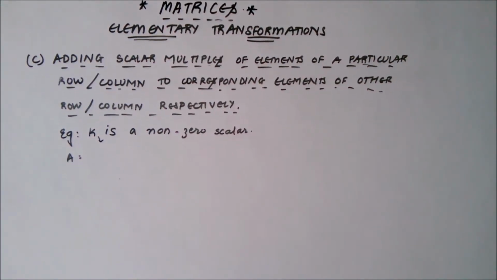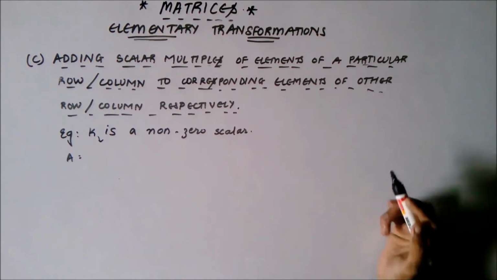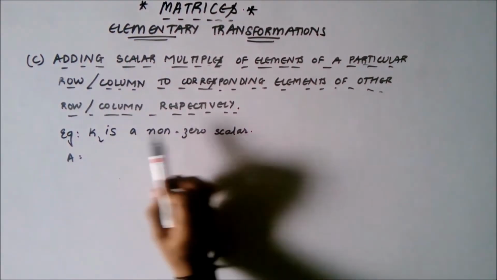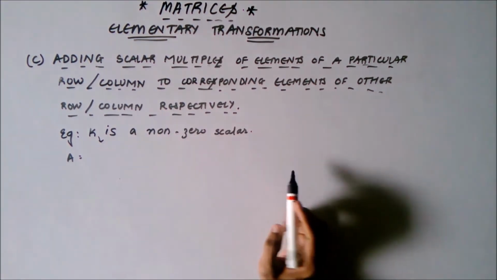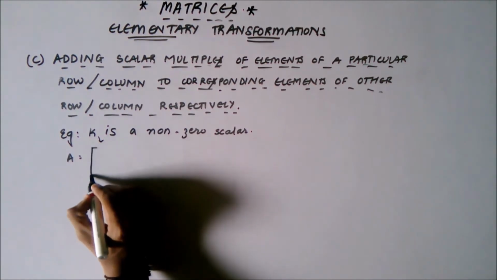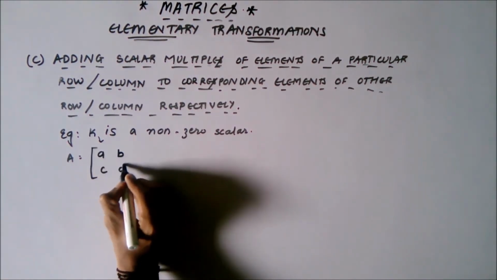So let's move on to the third elementary transformation, that is adding scalar multiples of elements of a particular row or a column to corresponding elements of another row or a column respectively. Now, let A be a matrix [A, B; C, D].